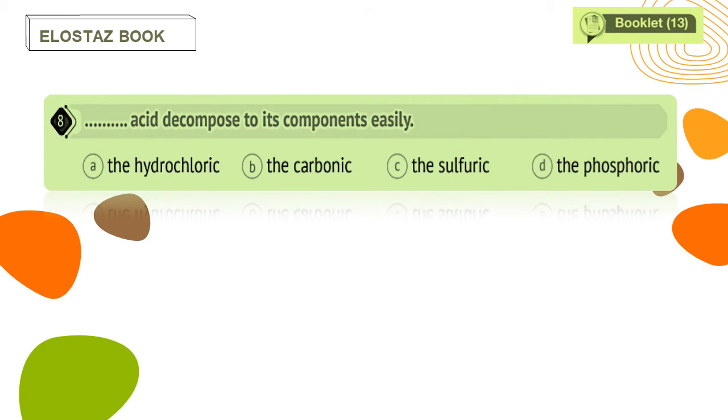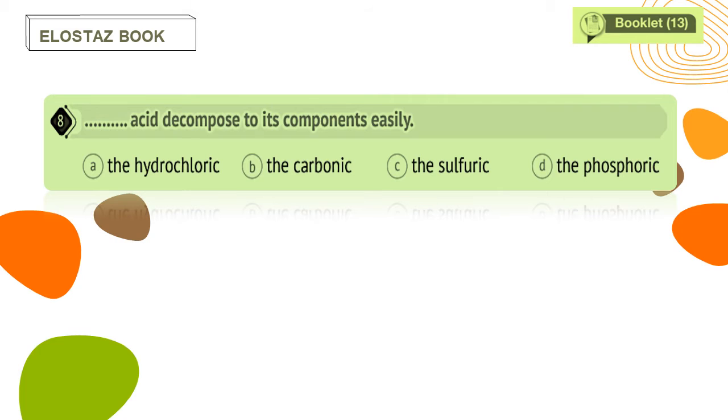Question 8 says which acid decomposes to its components easily. Okay, I think it is also a cumulative question that belongs to the first secondary. We have hydrochloric acid, carbonic, sulfuric, and phosphoric acid. If we discuss, we will remember that the less stable acid will be volatile and decompose easily in the form of gases.